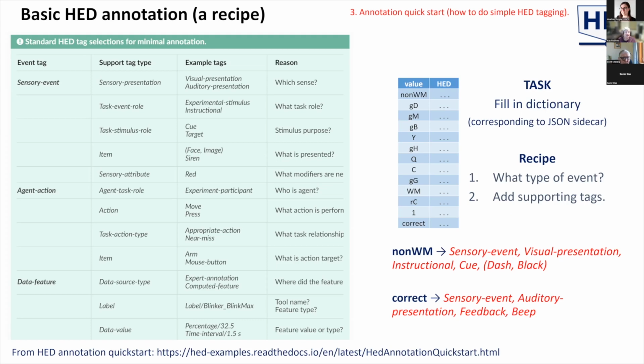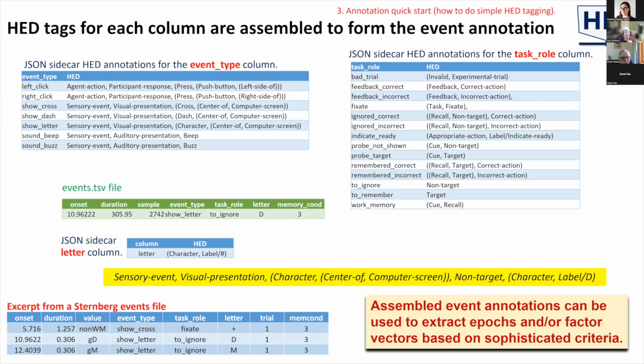Now, the next thing I want to show you is how this all gets put together at analysis time to produce an annotation that can be used by the computer. So we start with an events file. This is one of the lines in that Sternberg events file. In my example, I'm going to annotate the event type, the task role, and the letter. I'm going to skip the memory condition.